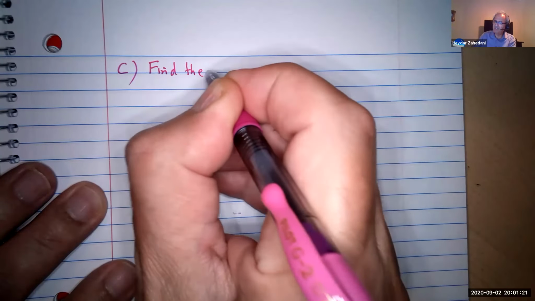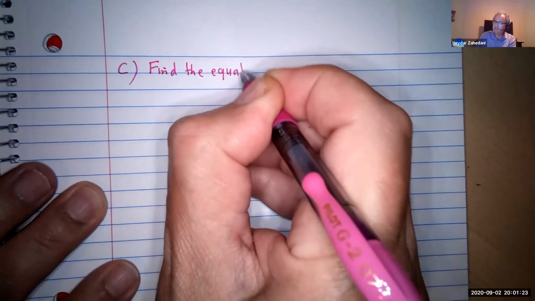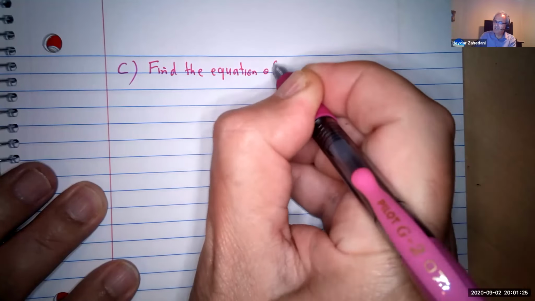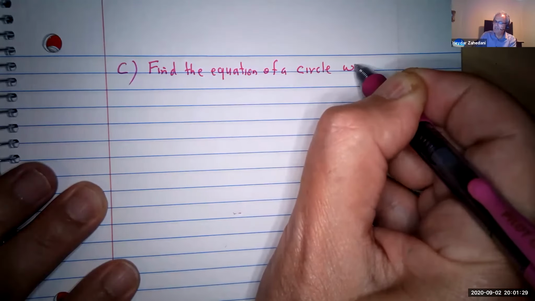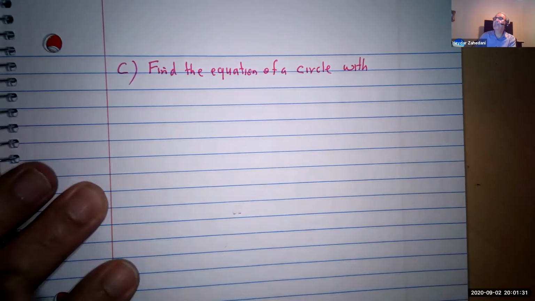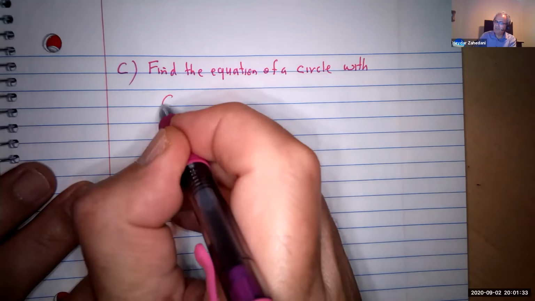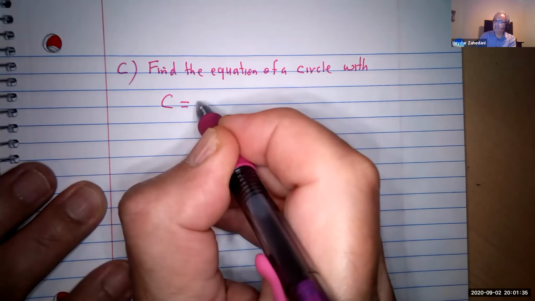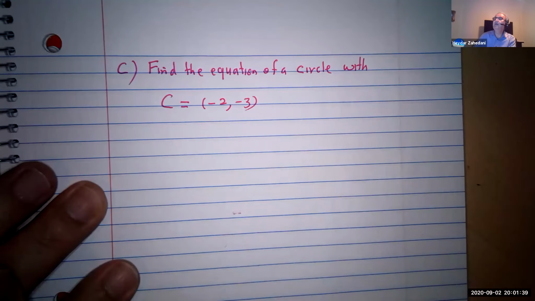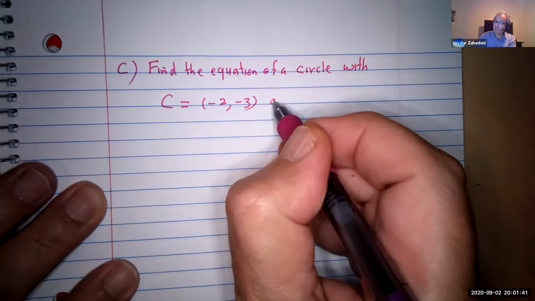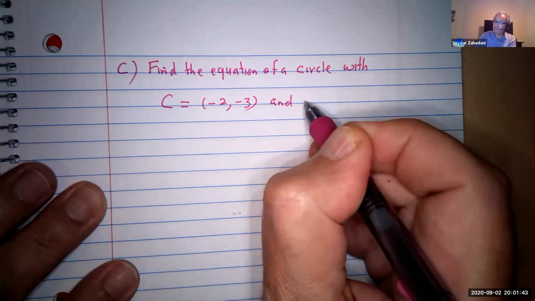you want to find the equation of a circle. Find the equation of a circle with center. You see the center is given to you. The center is negative 2, comma negative 3, and passing through a point.